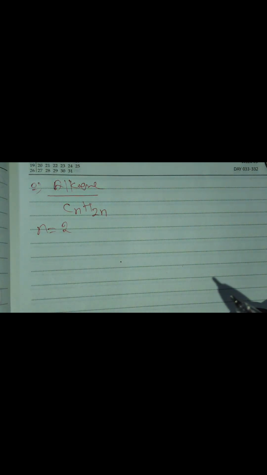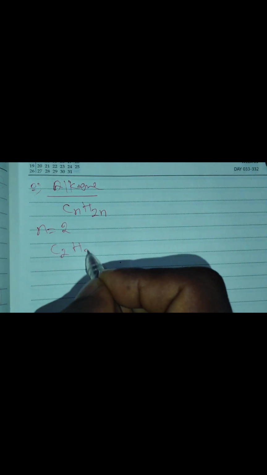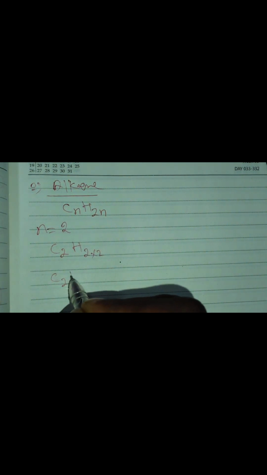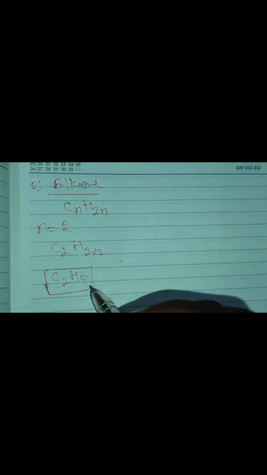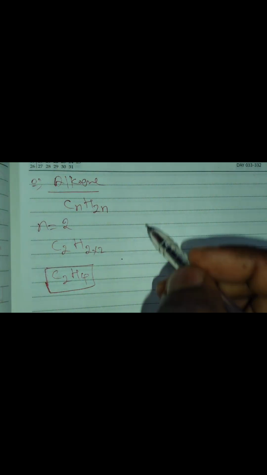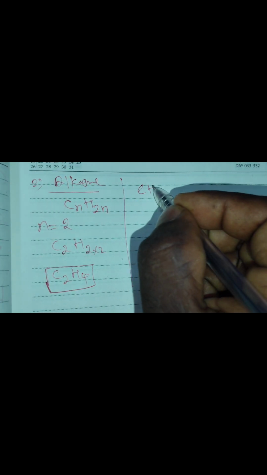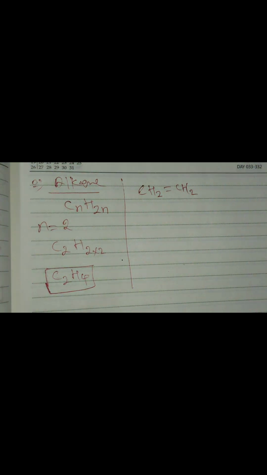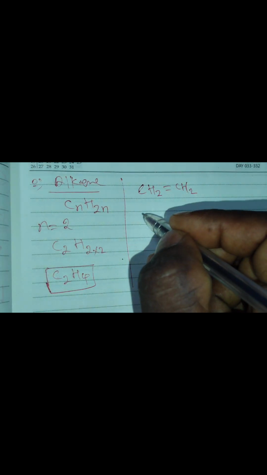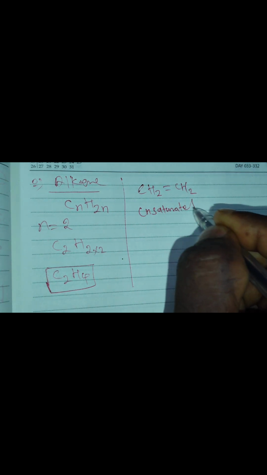The next is alkene. This alkene has the general formula CnH2n. If you assume n is equal to 2, that is C2H(2×2), which is equal to C2H4. This alkene possesses a carbon-carbon double bond. Here CH2=CH2. Whenever carbon-carbon multiple bonds are present, that is an unsaturated compound.